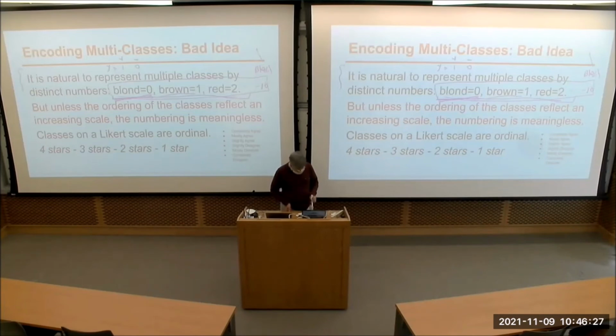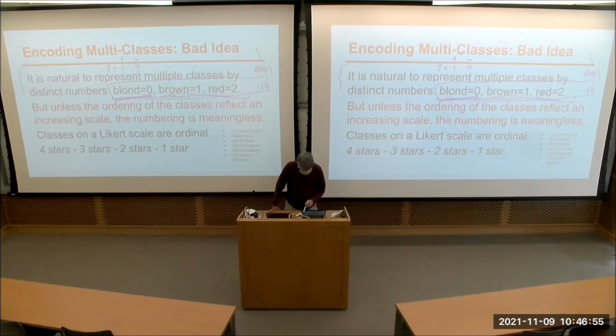If we are trying to represent discrete classes, unless the classes are linearly ordered, it doesn't make sense to assign one numerical variable to represent the class. Hair color does not seem to me to be linearly ordered. There's not a continuum from light to dark.